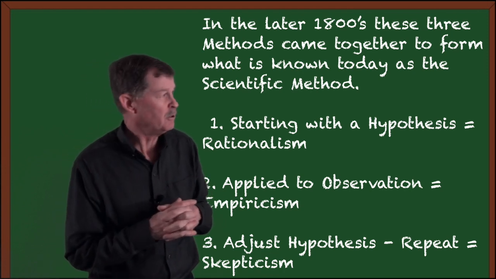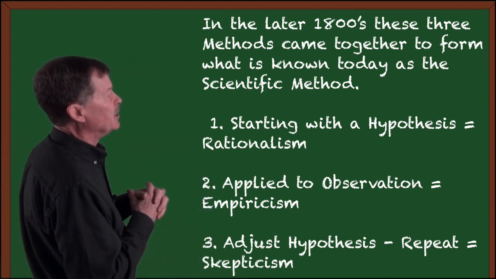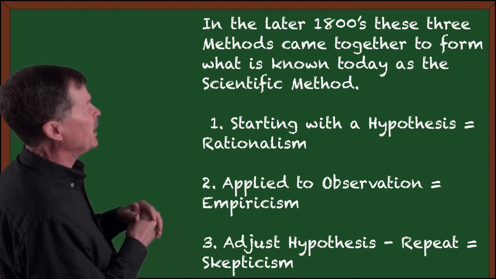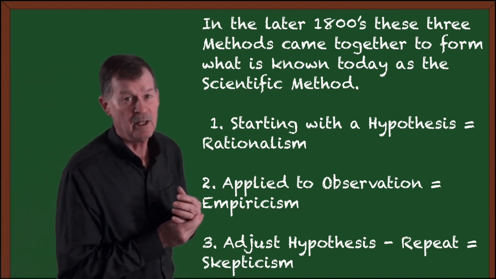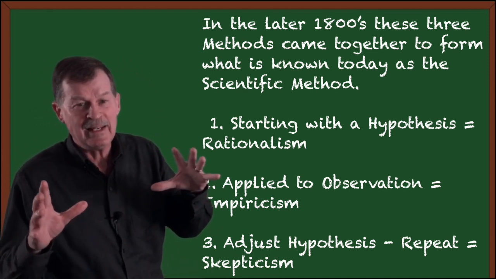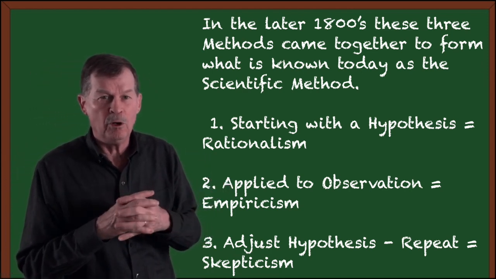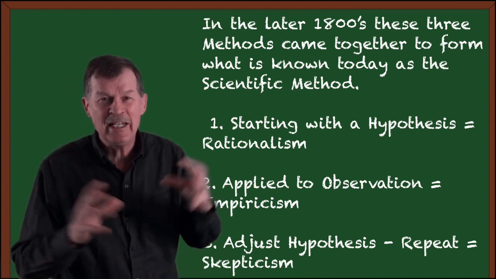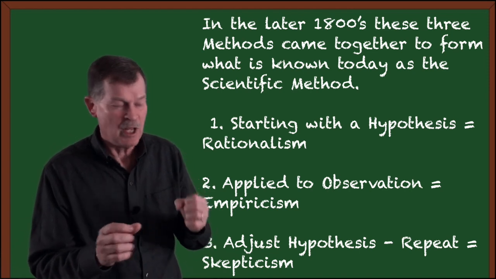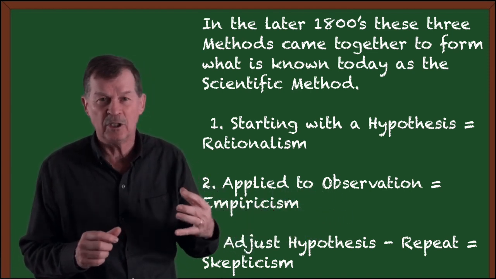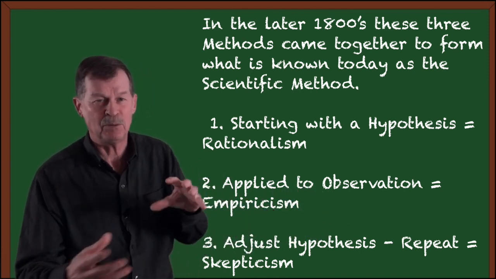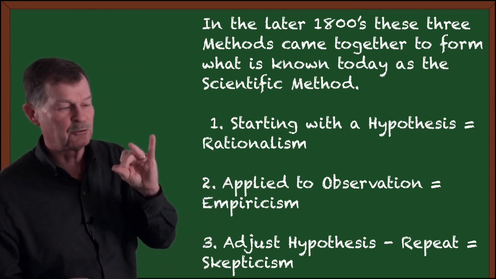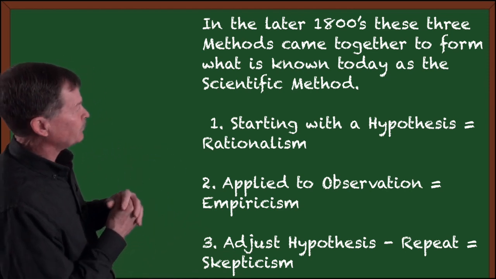In the later 1800s, these three methods came together to form what is known today as the scientific method. They combined the rationalists, the empiricists, and the skeptics into one method with three steps.